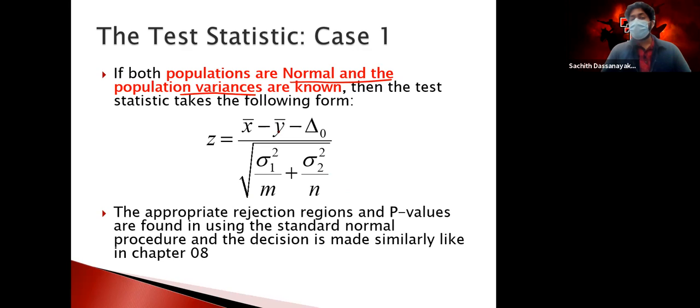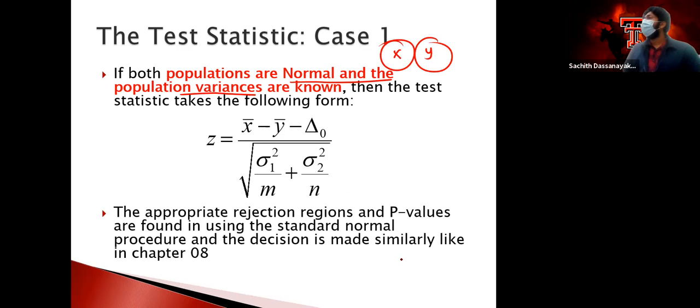If you have two populations, X and Y, clear? At that time, what is your H naught? Here, what are X bar and Y bar? They are sample means.